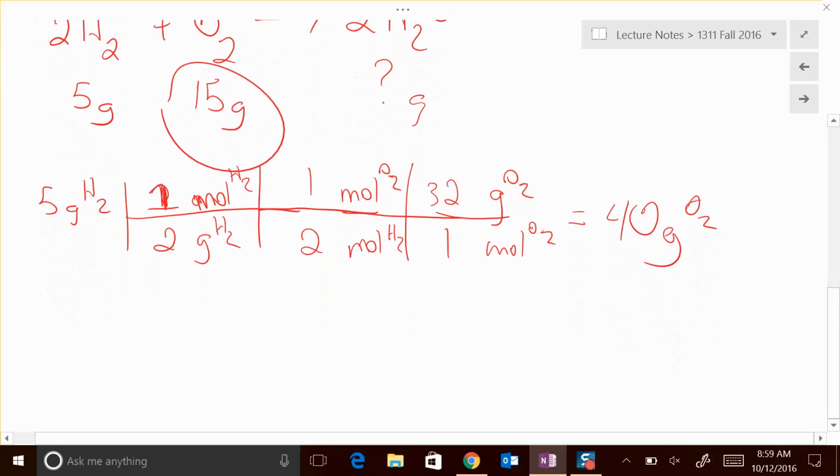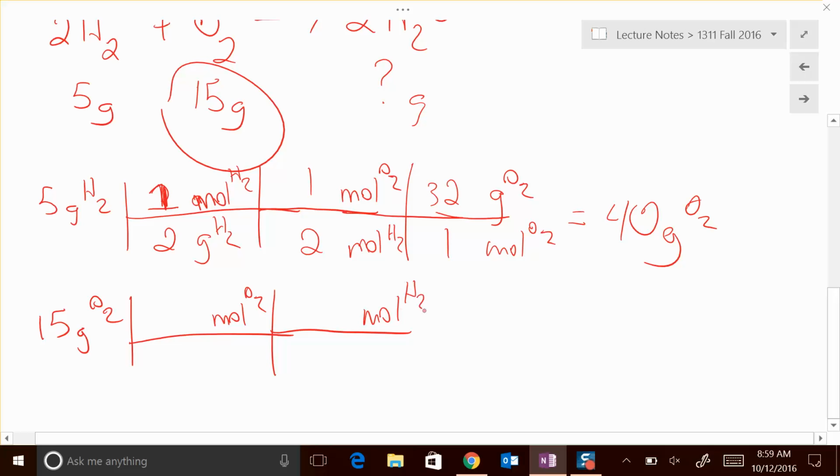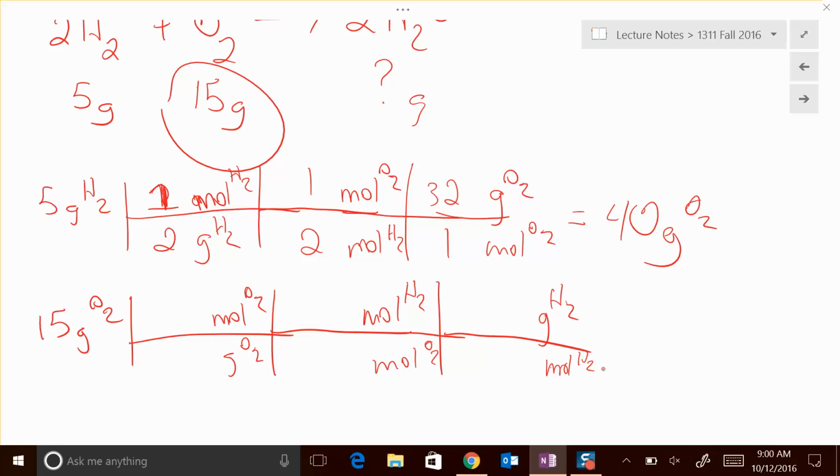So let's look at if you had started with oxygen instead of hydrogen. How would it look? 15 grams of O2 to the moles of O2 to the moles of H2. So let's compare O2 to H2 to the grams of H2. Grams of O2, moles of O2, moles of H2. Okay? So here, I want to figure out whether oxygen is limiting or not by comparing it to H2.